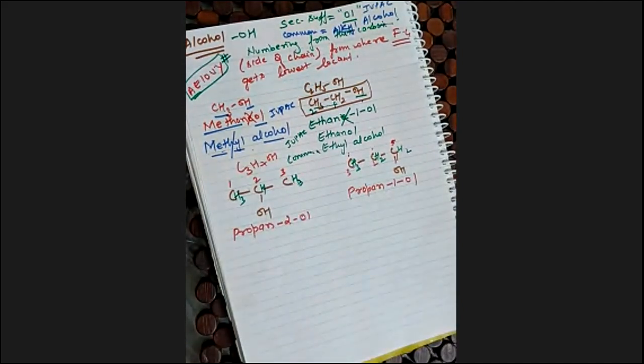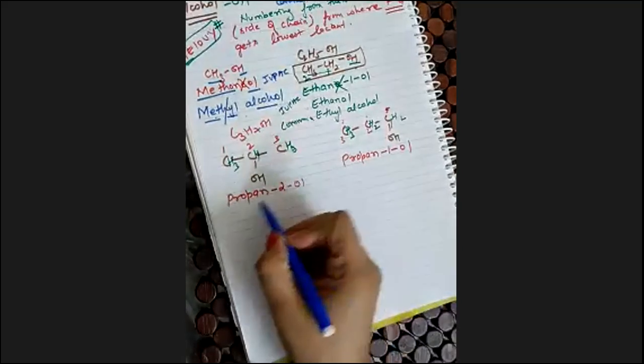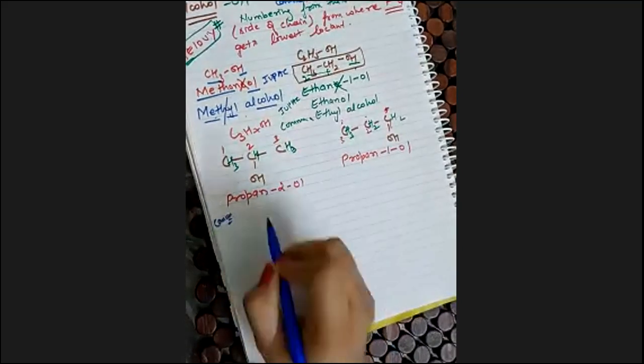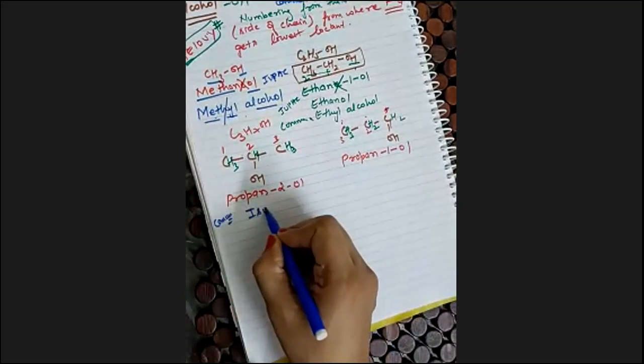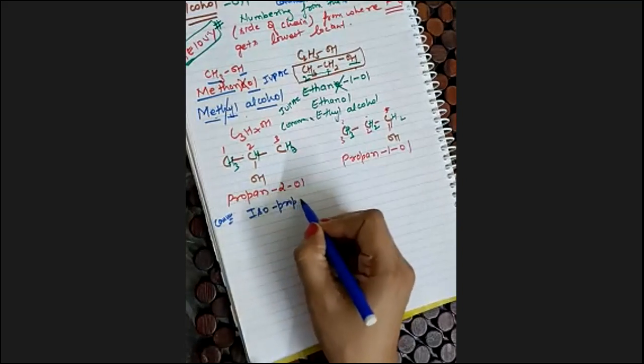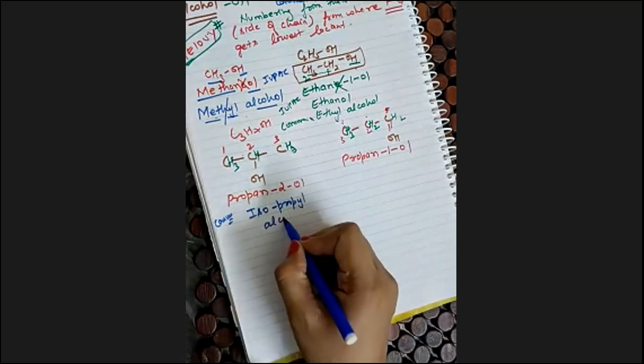So you need to count the hydrogens and carbons. You need to focus especially on carbon, how many carbons are here. And remember this thing, when I was teaching you the arrangement of bonds around the carbon, at that time I taught you the different names. So the common name of this compound is isopropyl alcohol.